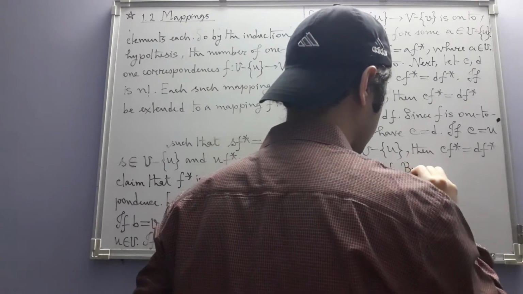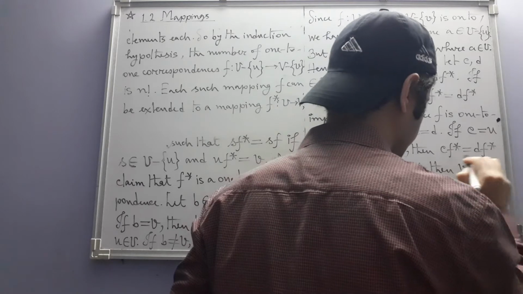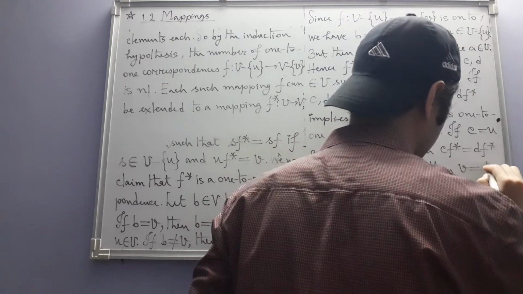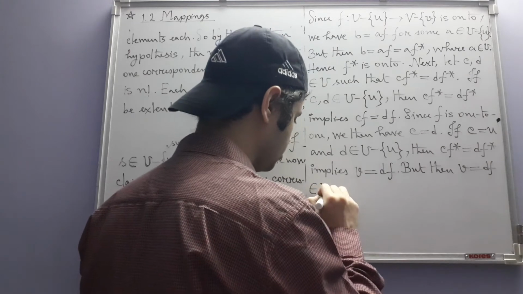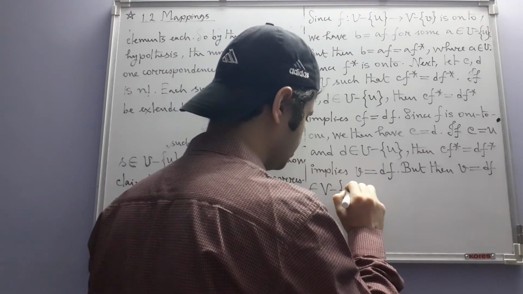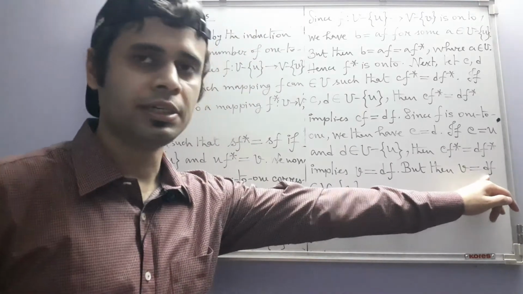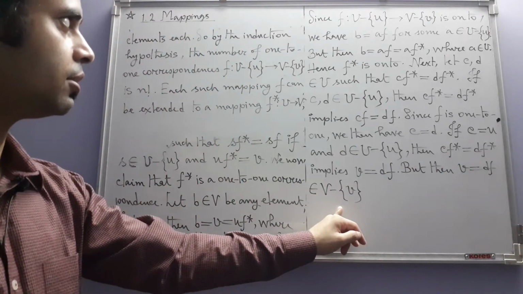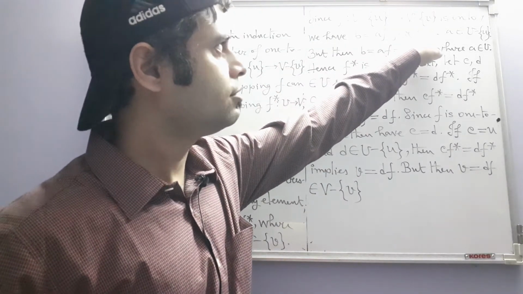But then v is equal to Df belongs to V minus v. Why does Df belong to V minus v? Because f is a function that maps into V minus v.